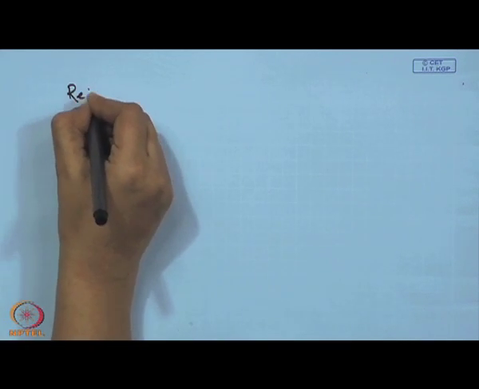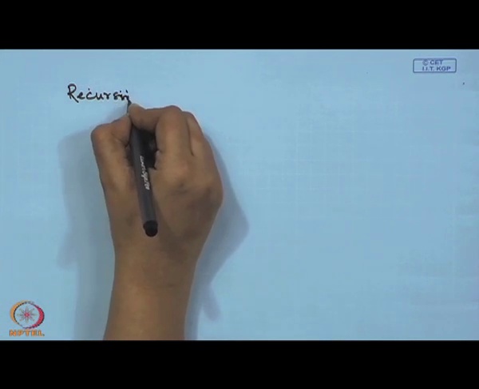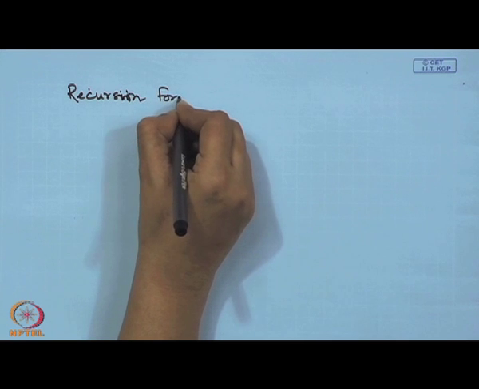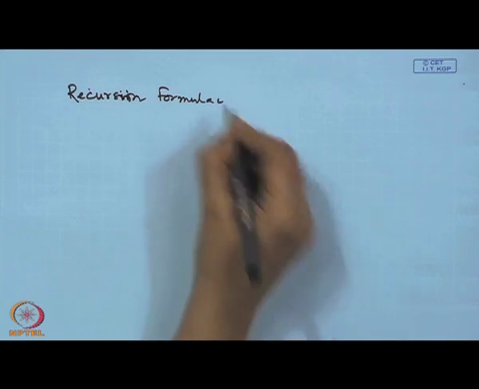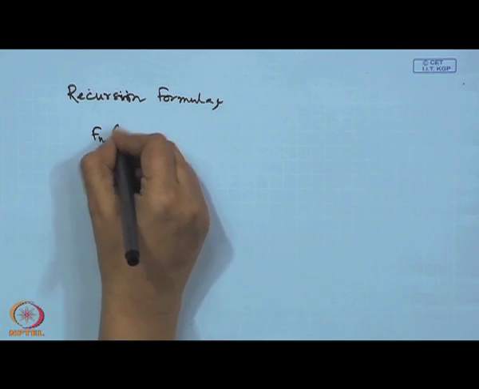Now, the only thing left is the recursive formula. We can use the forward recursive equation, we can use the backward recursive equation as well. Now, the recursive formula can be written very nicely.